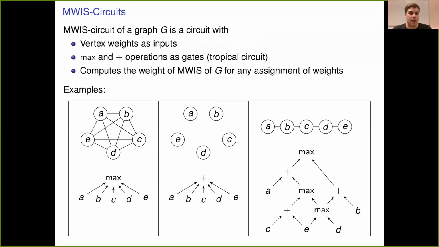And specifically, I consider a special way of solving maximum weight independent set, which is by MWIS circuits, so maximum weight independent set circuits.